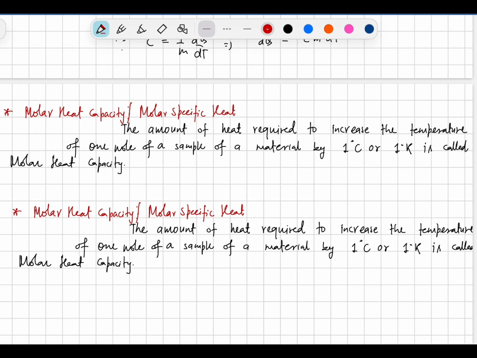And one more thing is mainly used in the books. If the amount is used not in terms of moles but in terms of molecules, then in that case it is called molecular specific heat or molecular heat capacity.